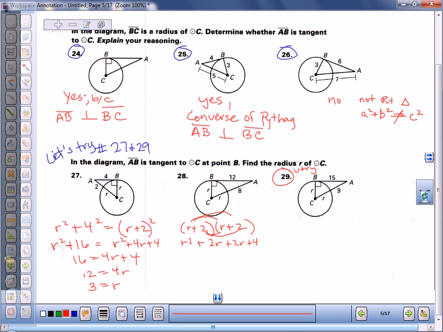I'm about to look that up. Even though I should know that, but it's 2.5. Hey!